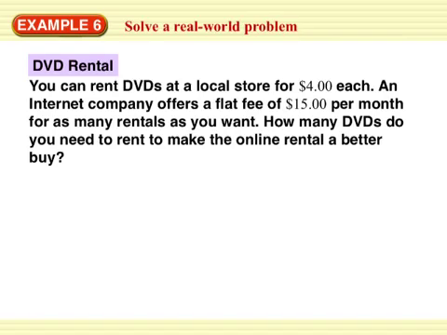Alright, this real world problem we're actually going to do in class in the morning as part of our squirp. So you can go ahead and skip it.